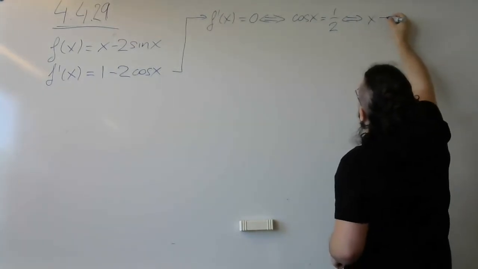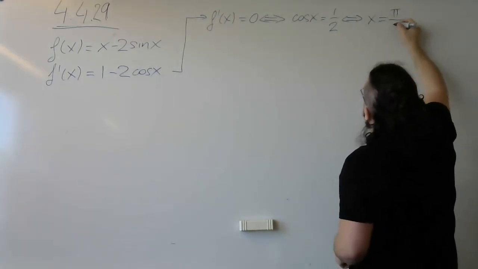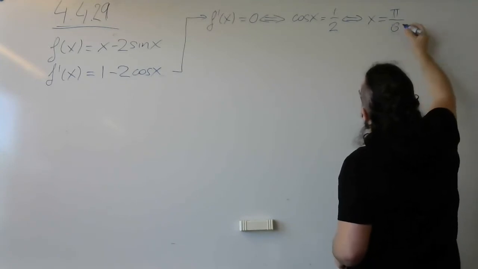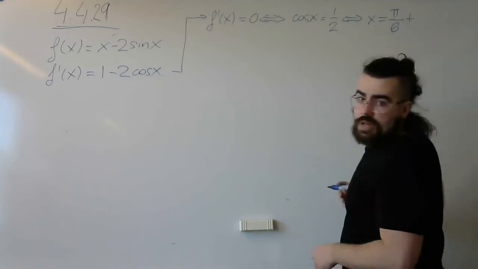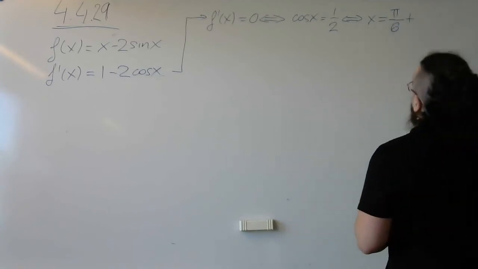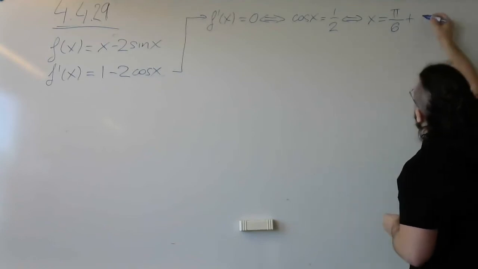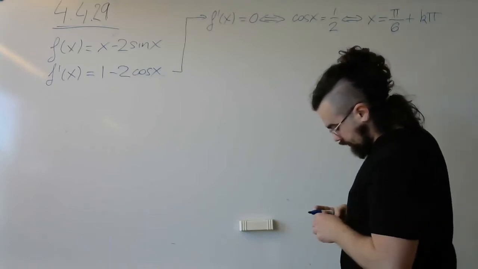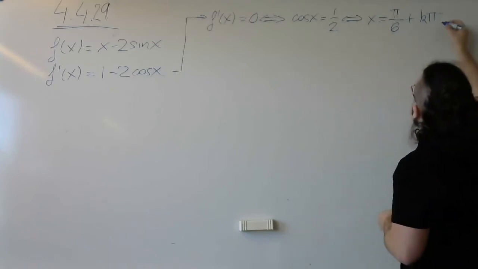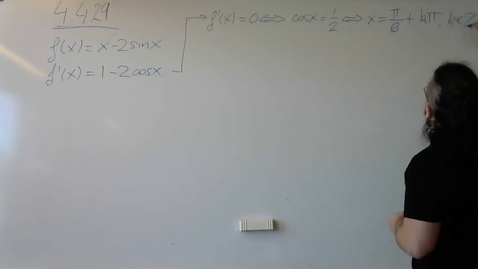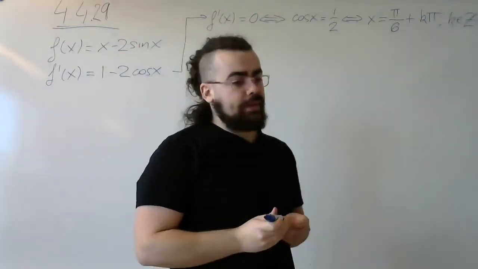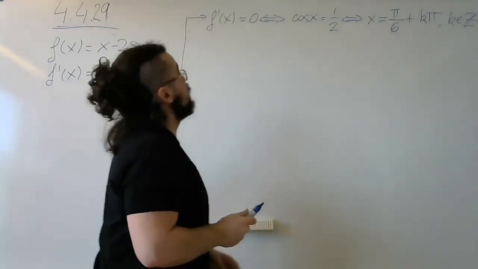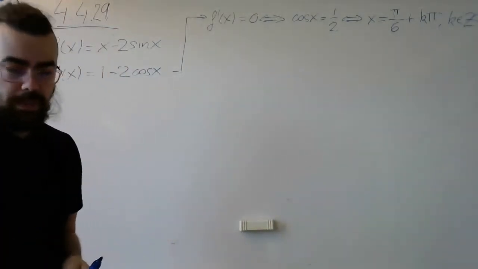So x is pi over 6, which is 30 degrees, plus k pi, for k being an entire number. So we have a full family of possible local extreme points. That's interesting.